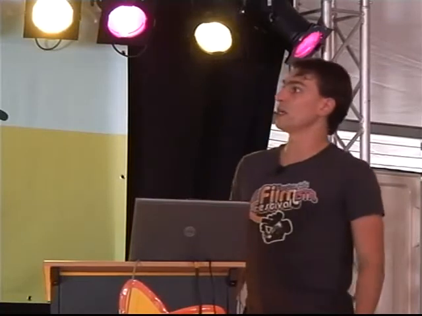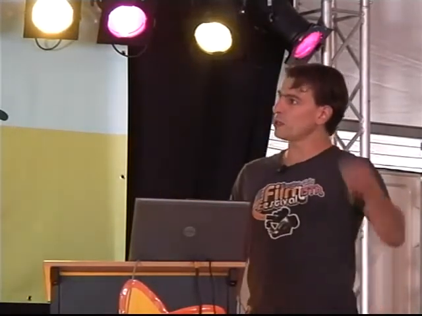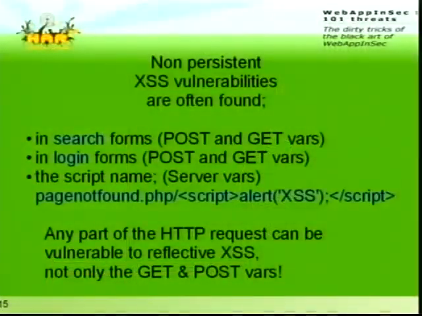And as you can see on the slide, it's not only a problem for GET or POST variables, but it can also exist in other variables such as host name, script name, or other things that are included in the HTTP request.